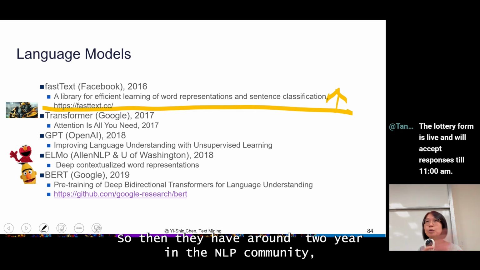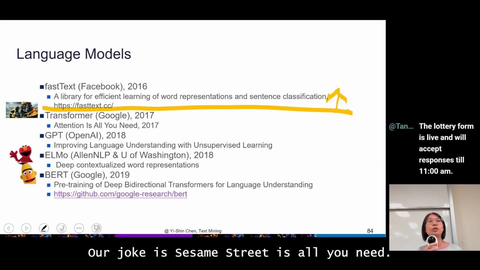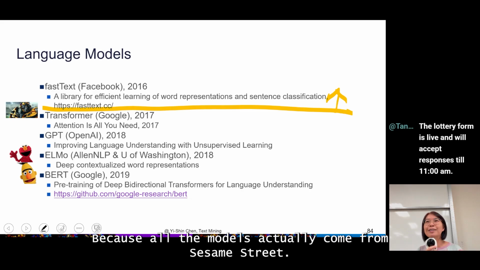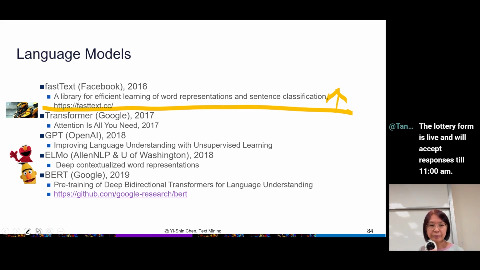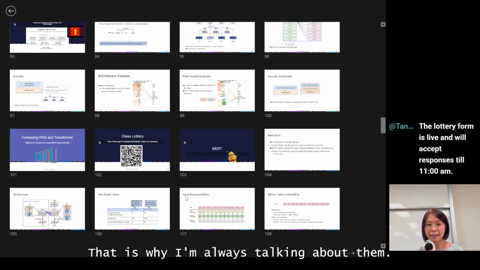So for around 2 years, in the NLP community, we have a joke. Because the Transformer paper says attention is all you need, our joke is Sesame Street is all you need. Because all the models come from Sesame Street. Okay, that is my joke. I feel the joke is so interesting. That is why I'm always talking about it.